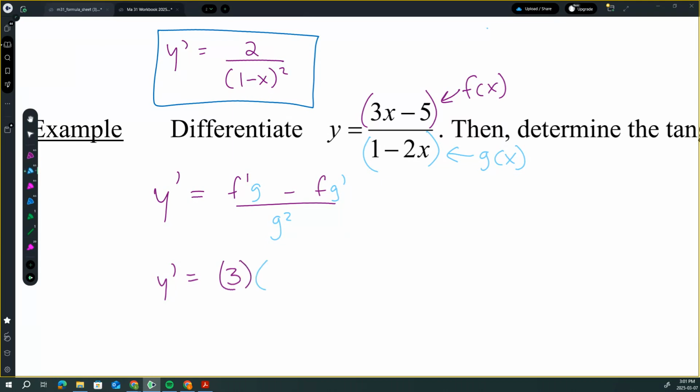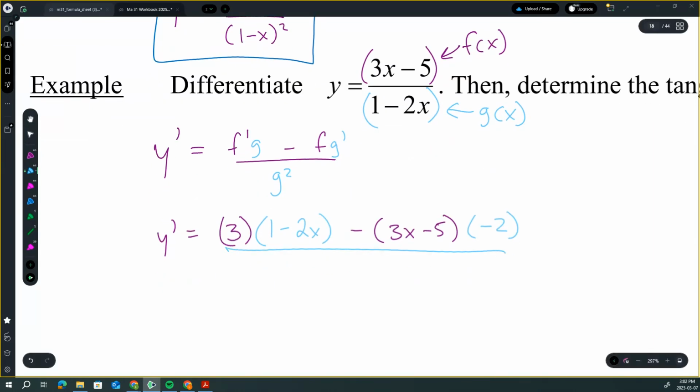And then we're going to leave alone our g of x. So 3 times 1 minus 2x, minus our normal f of x times the derivative of g of x. So that's going to be negative 2, divided by normal g of x, but squared.